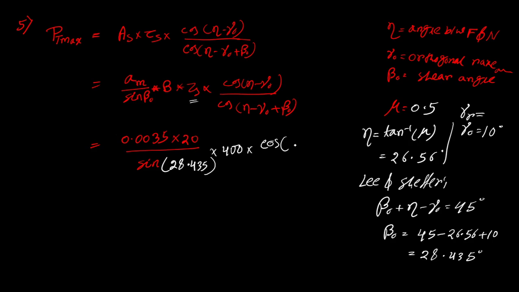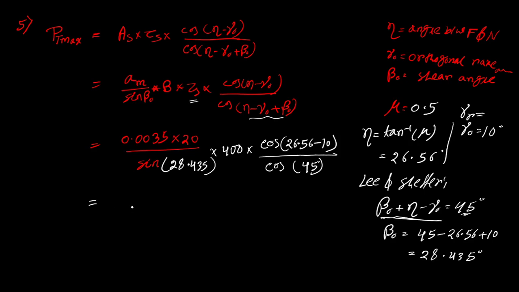Now cos of eta minus gamma naught, eta is 26.56 minus gamma naught is 10, and this value is cos of simply 45 degrees. Okay, because you can see, according to the Lee and Seyfert equation, eta minus gamma naught plus beta naught is 45 degrees. So directly you put this value.